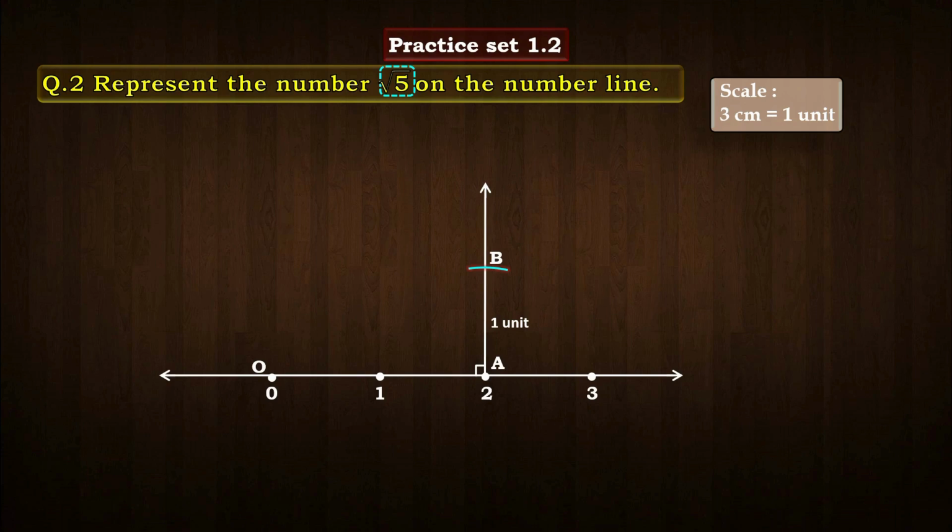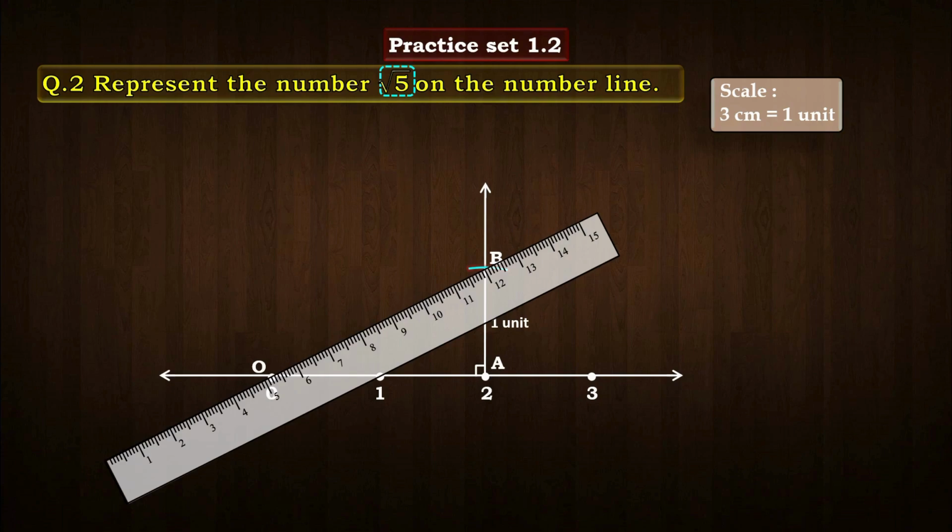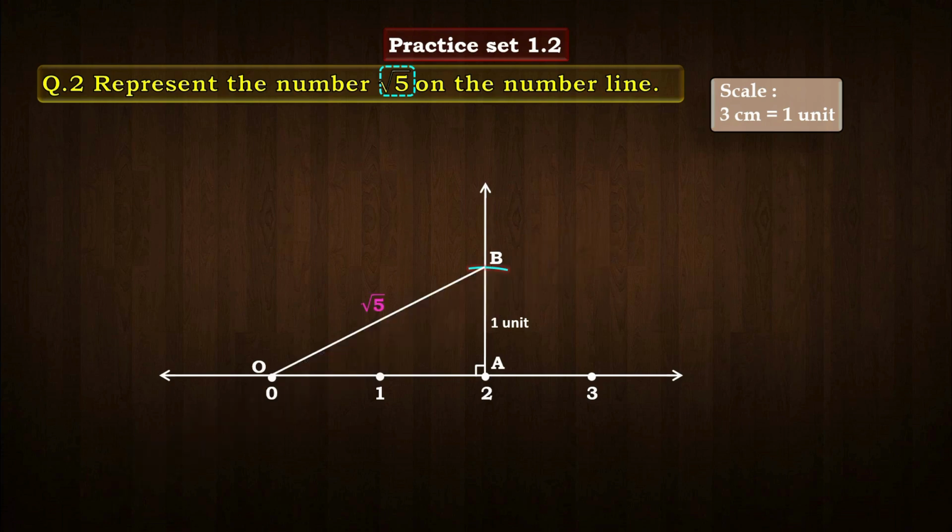Now let us name these as O, A and B. So O is the 0 point, 2 as A, and in the perpendicular where it cuts as B. Now join this O and B with the help of a scale. So now this is going to be the root 5.